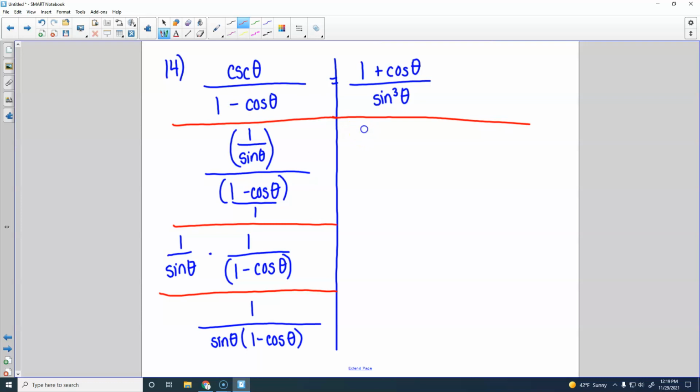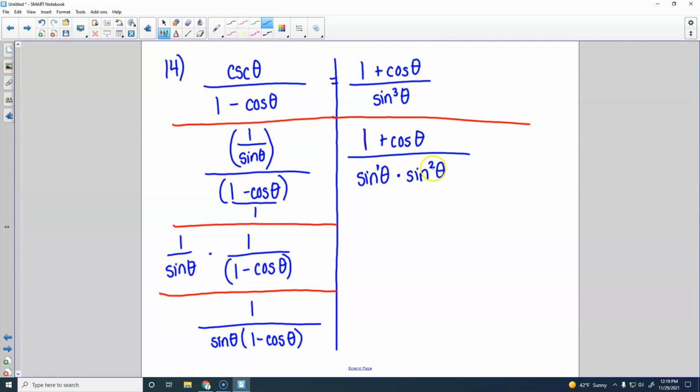But is it correct to write this? 1 plus cosine theta over sine theta times sine squared theta. There's not a one written here, but there's only one sine here.